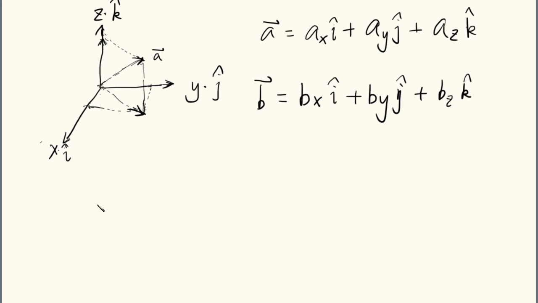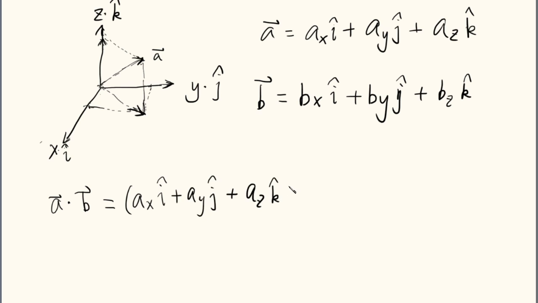So the dot product of vector A and B is AX, AY, AZ times BX, BY, BZ.